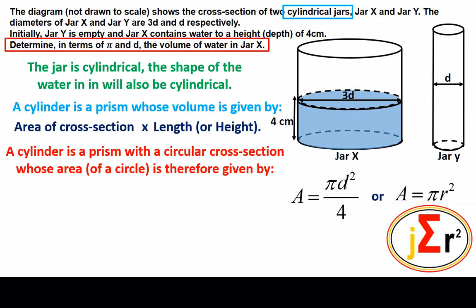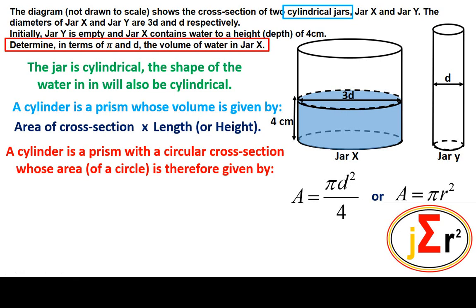The cross-section of a prism, or we will say that a prism is of uniform cross-section, which means that there's a particular shape that is present throughout the entire height or length of the prism. It is a constant. It is always that same size and shape throughout the length or height of the prism, and that is its cross-section.